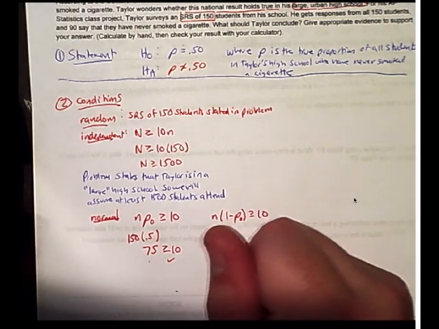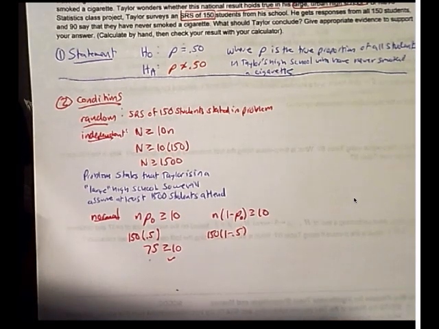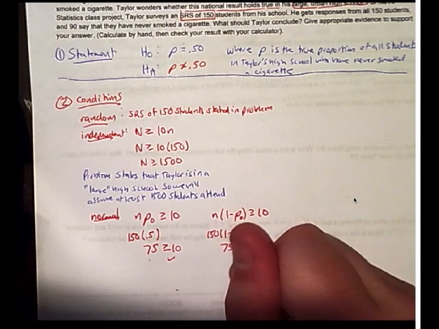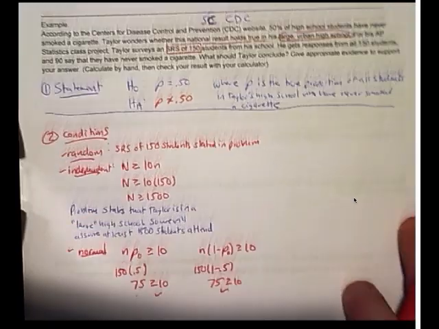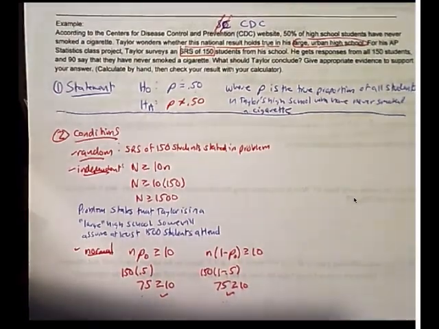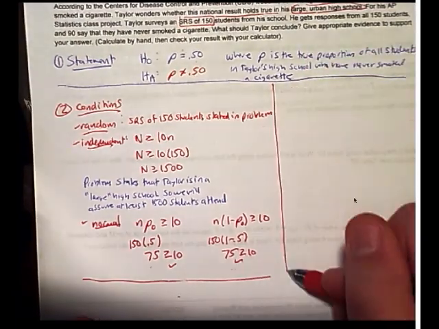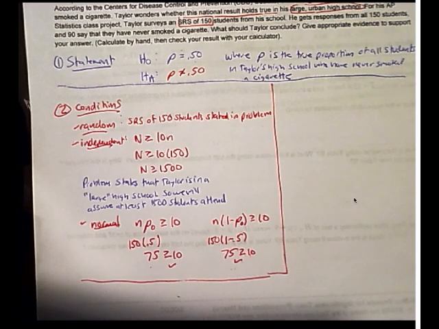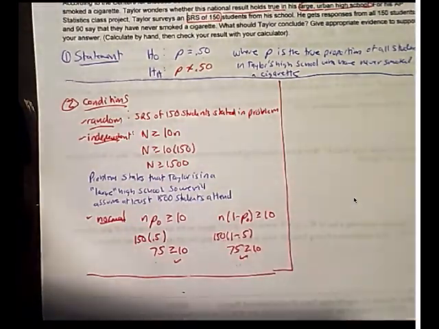This would also be the same thing because 1 minus 0.5 is still 0.5. 75 is greater than 10. All right, so random, independent, normal, all check out. So I've done my statement, I've done my condition check. Everything's working good so far. And readers like this when you break the problem up like this because they can identify everything you've done.